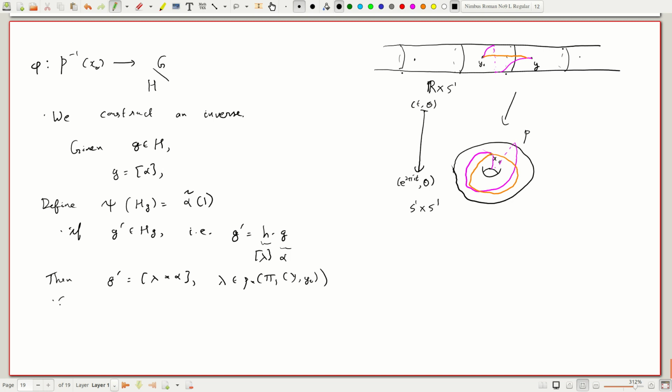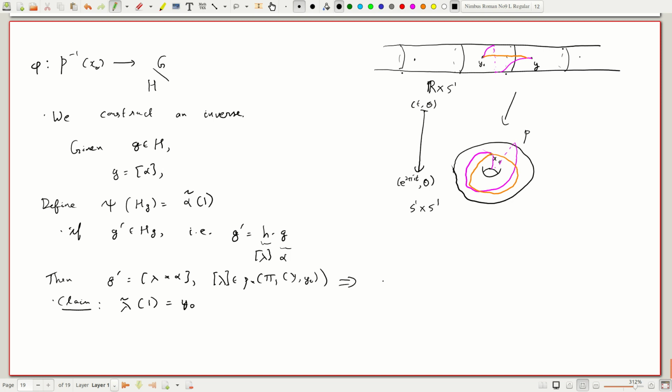So the claim here is that lambda tilde of 1 is going to be equal to y0 itself. That is, lambda tilde lifts to a loop. That is what we have to see next. And this is simply true by definition, because, I should be careful here, the class of lambda belongs to this.